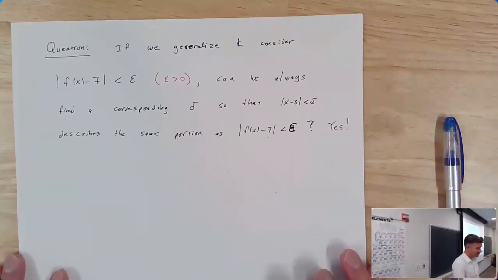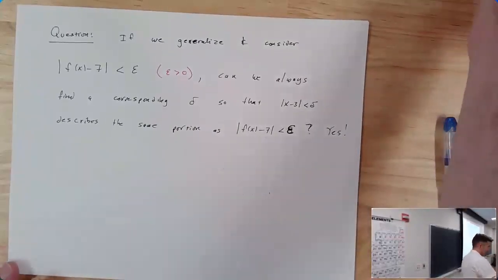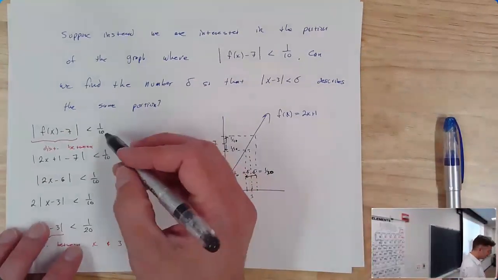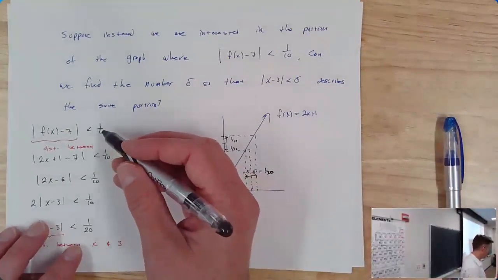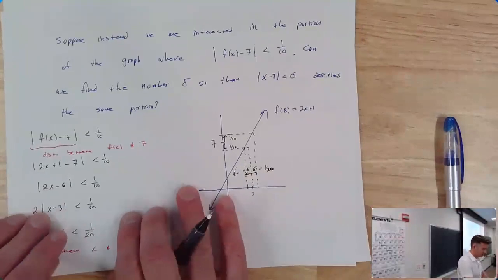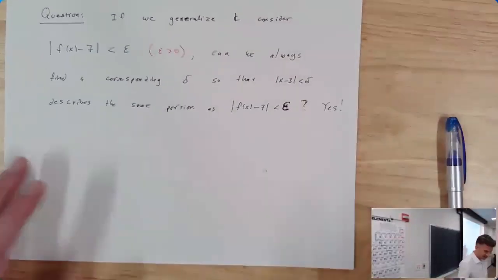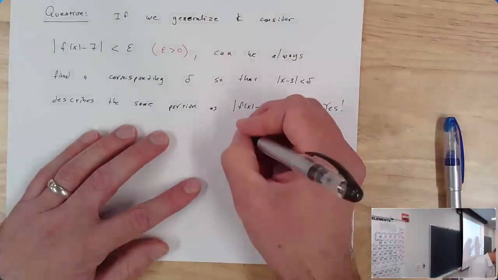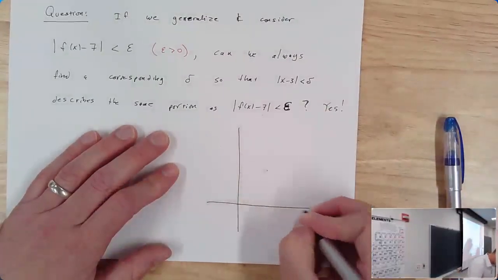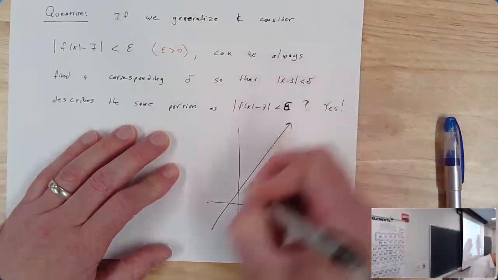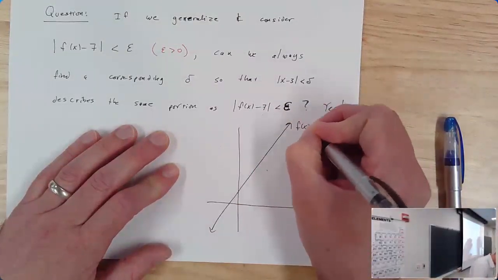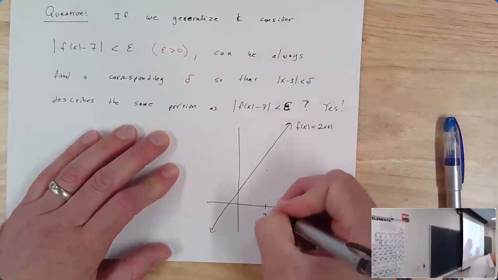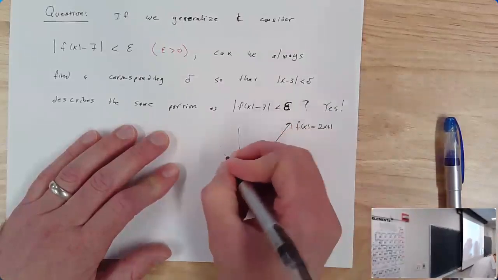And the process is literally going to be, at least for this problem, the same work we just did, except instead of saying there's a 1/10 there, we're going to write an epsilon. And we're going to do the same sort of algebra. So here's the graphical picture. I'm going to draw the same graph again. There's our function, f of x equals 2x plus 1, and here's our point 3, 7.